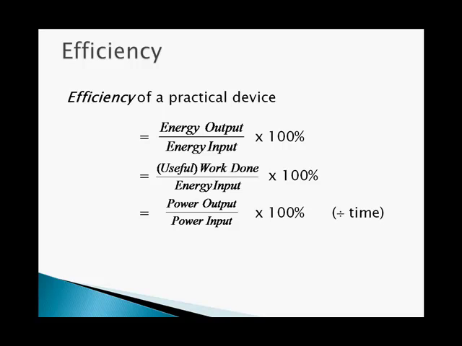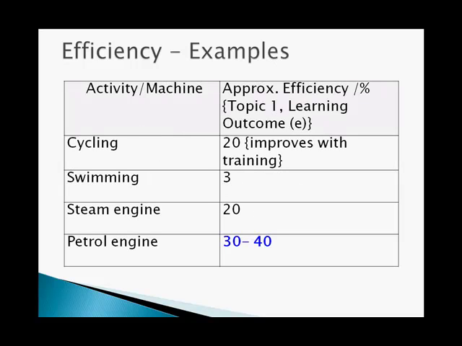So in this case, we are able to use work done over time to define the power, or energy input over time to define the power. Some examples of efficiency are that you may be asked to give some estimation of the percentage efficiency of some events, and the approximated efficiency is being listed. So in case you are asked during examination, you are able to respond to these questions.